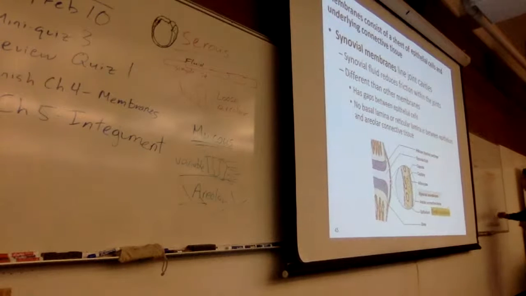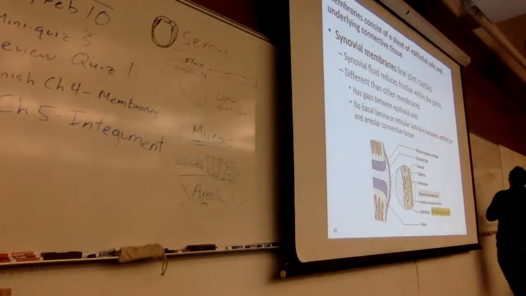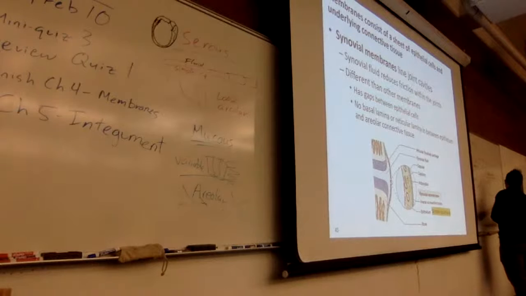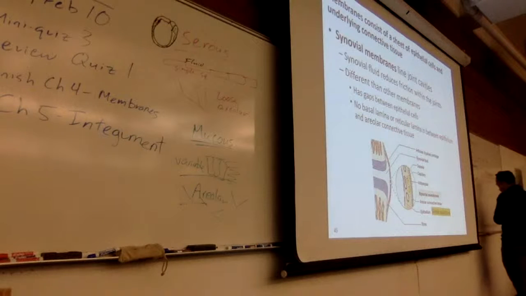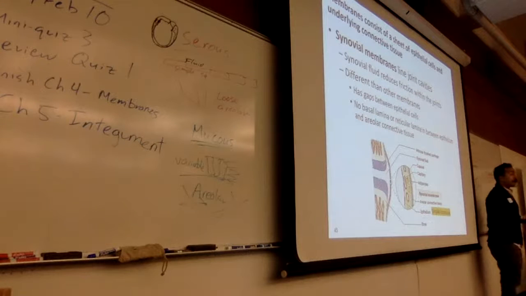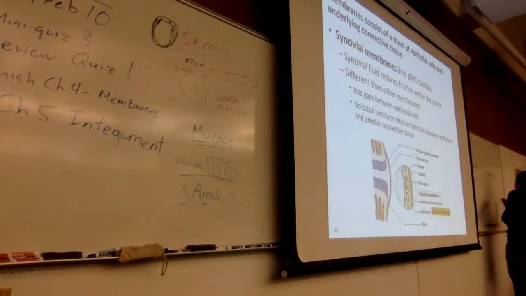Here's one bone. Here's another bone. This region here is called the joint cavity. And that joint cavity is lined with synovial membrane. And synovial membrane produces synovial fluid. So what's inside of that cavity is synovial fluid.